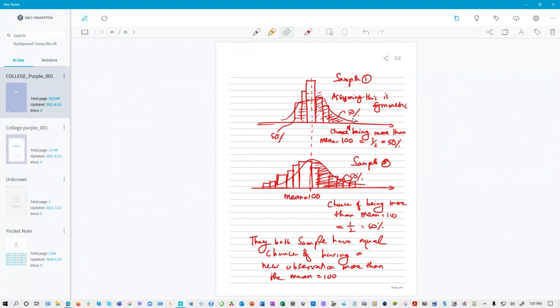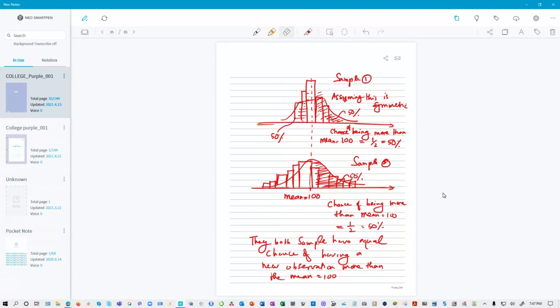So there's a 50% chance that this distribution will generate a next observation more than 100, and the other distribution also has a 50% chance of producing a next observation more than 100.